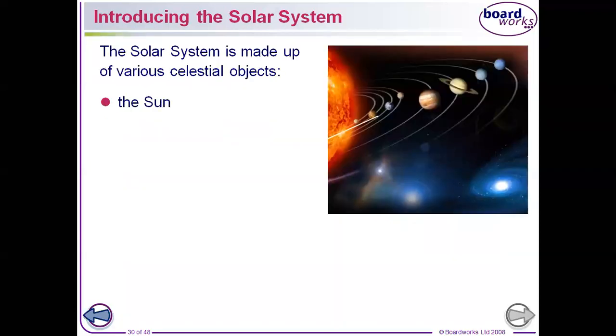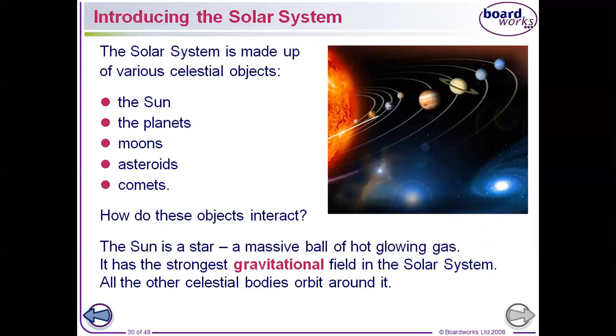Now, introducing the solar system. The solar system is made up of various celestial objects. The word solar stands for sun. That means it's a system that revolves around the sun, that is being controlled by the sun.